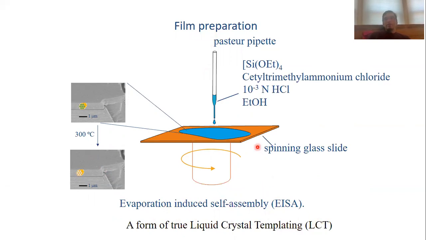So in this case, you can actually prepare a solution of your silica precursor, such as tetraethoxysilane, in ionic surfactant, for example. A non-ionic surfactant would also work, in the presence of weak acid and ethanol.